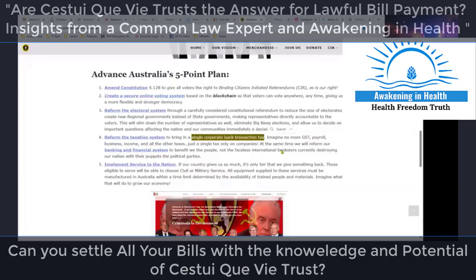Now, I know other people have proposed other ways to do it, and I've got no problem with that if that's what the people want, but we need to take the power away from the banking institutions. So if we did that, imagine no more GST, payroll, business income, and all the other taxes, just a single tax payable by the companies.